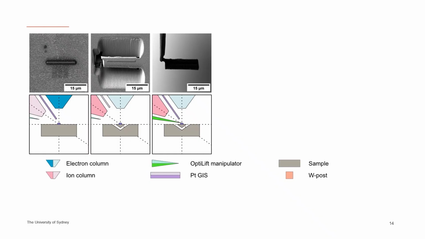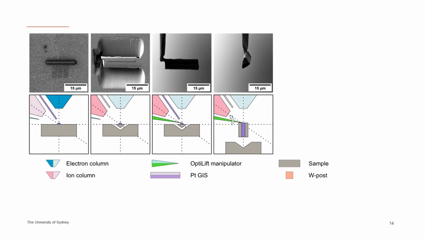Regardless of the wedge geometry, it is possible to complete the lift-out using the OptiLift micromanipulator. However, in the next step, we would rotate the manipulator by 90 degrees around its axis to produce a specimen where the analysis direction now follows the sample surface plane.